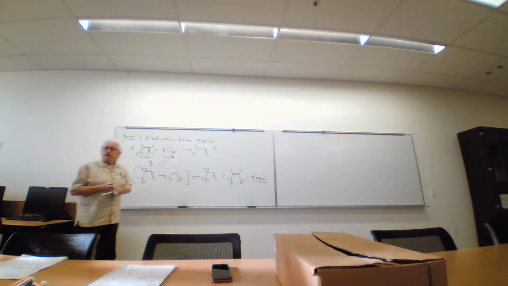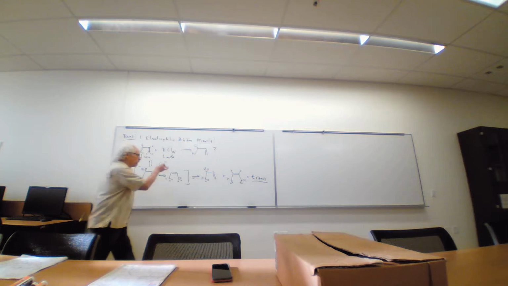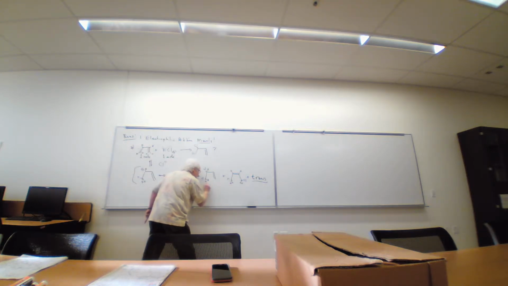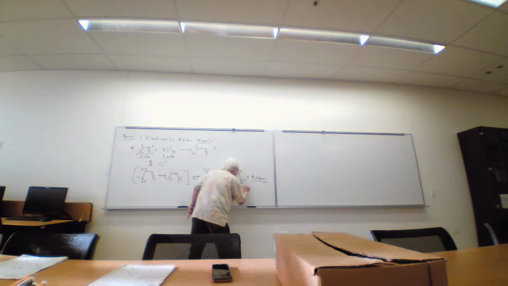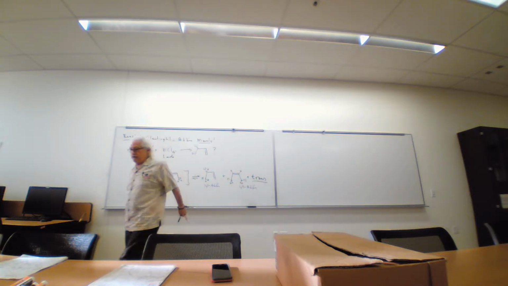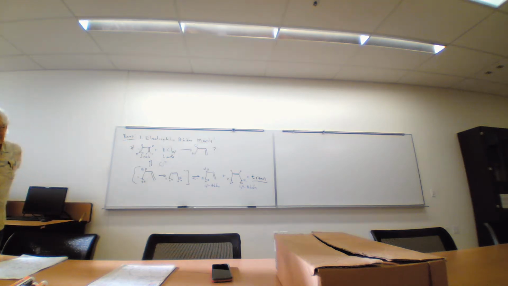So we actually have terms for this. We're going to say that this is 1,2 addition, and this is 1,4 addition. And 1,4 addition, of course, gives me 2 possible products. Okay, 1,2, and 1,4.